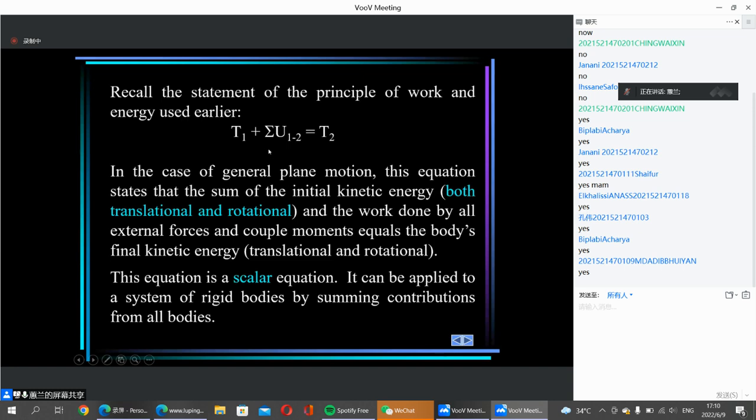So the work by all the forces includes the forces and couple moments. You need to calculate the work by all the external forces, and never forget the work by the moment.